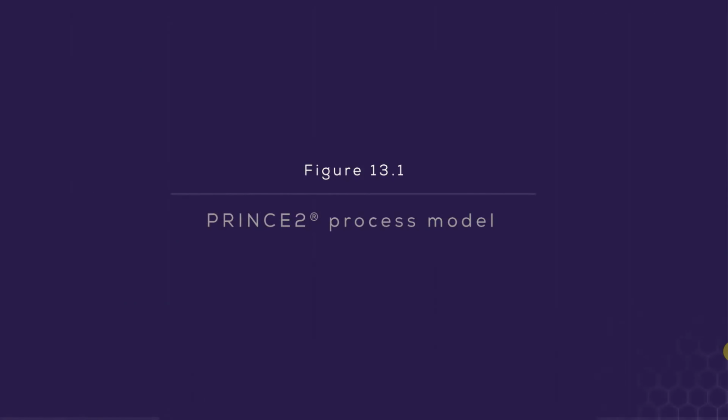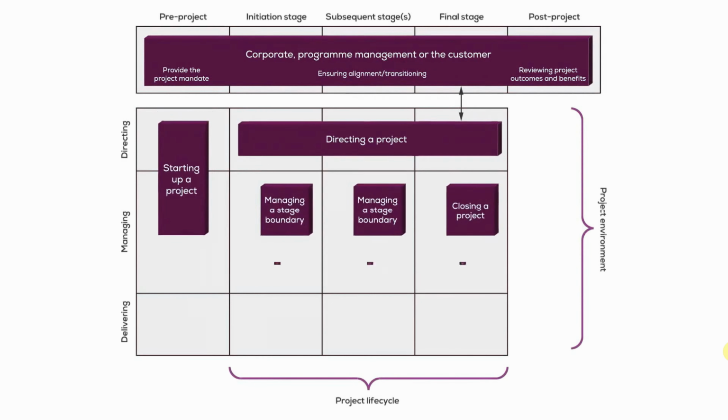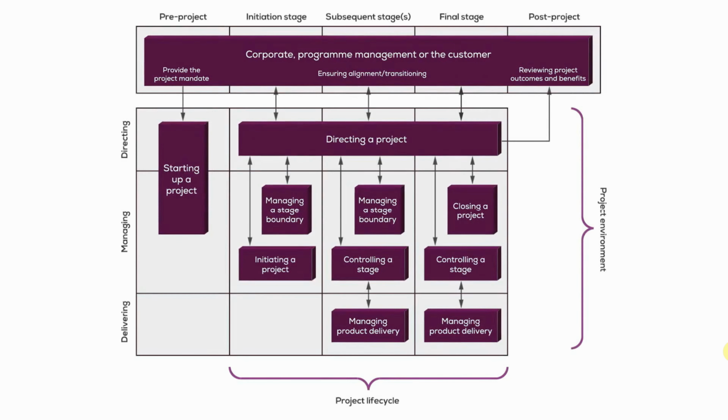Again, you'll recall figure 13.1, where we looked at the different management levels and the process map, one over the other. You'll recall that the directing a project process belongs to the directing level of management. So that implies that the activities that make up this process are executed by the directing level of management, which we know to be the project board in the PRINCE2 project.